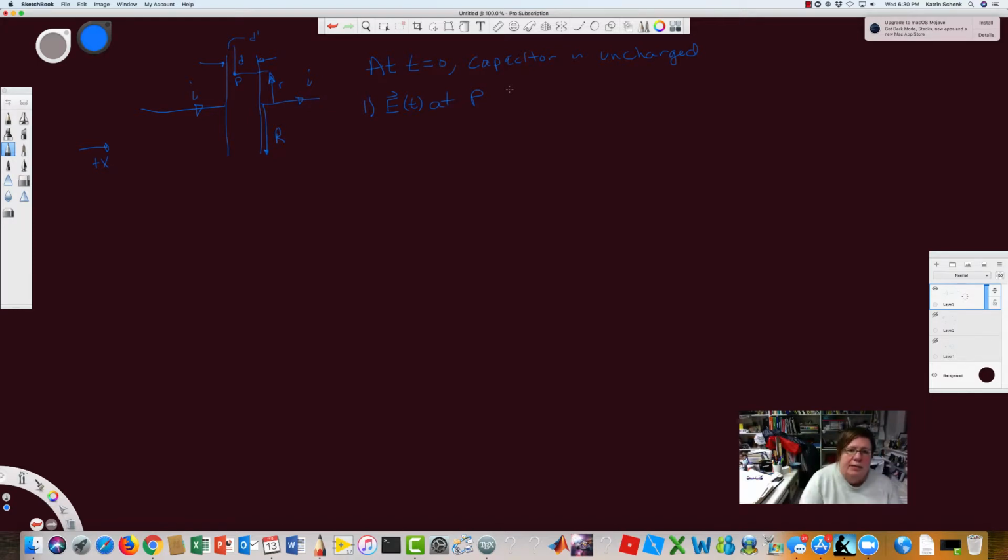We'd like to find the potential at P, given that the potential at the right-hand plate is 0.